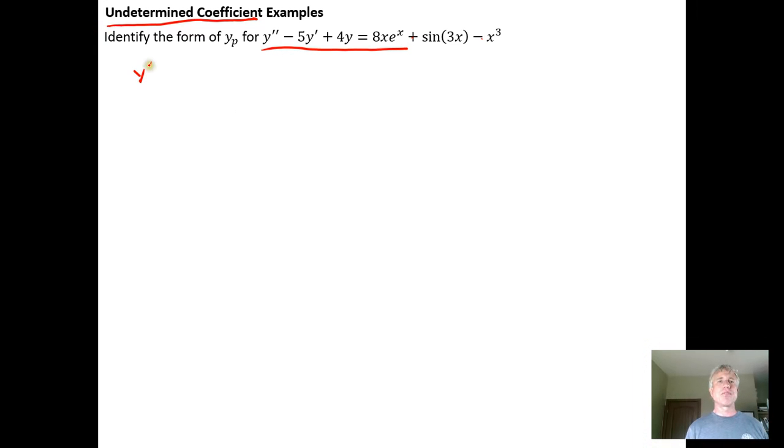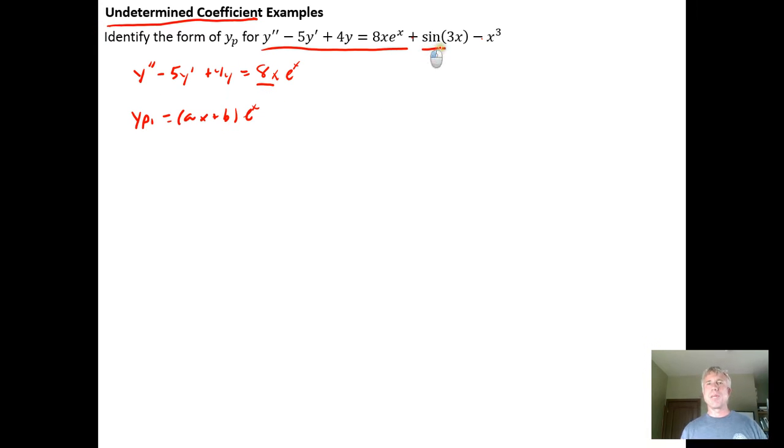So if we look at the differential equation, y double prime minus 5y prime plus 4y equals 8x e to the x, we could guess what I'm going to call y particular 1 for this equation. This is our polynomial times e to the x, so we would guess, and it's a first degree polynomial, ax plus b times e to the x, and we could solve this differential equation for its particular solution.